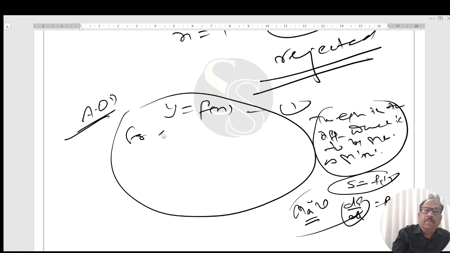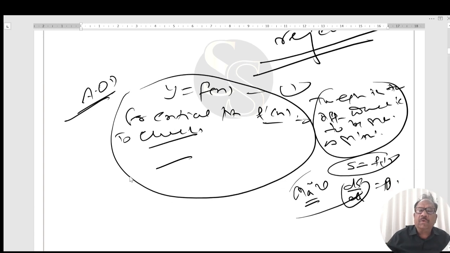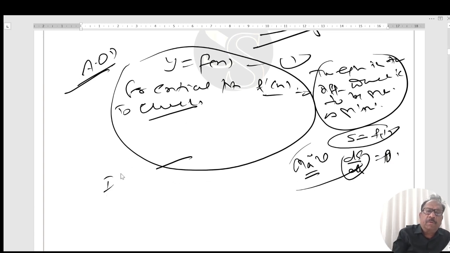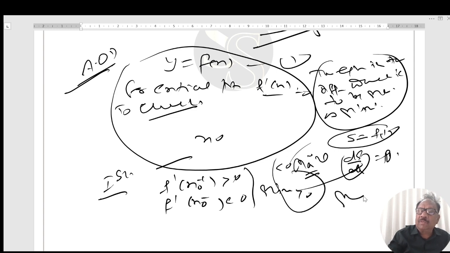For critical points, f'(x) = 0. To check, two methods are there: first derivative test and second derivative test. First derivative test: if x₀ is the critical point, check f'(x₀+) and f'(x₀-), slightly right and slightly left. If it changes from less than 0 to greater than 0, minima. If from greater than 0 to less than 0, maxima.